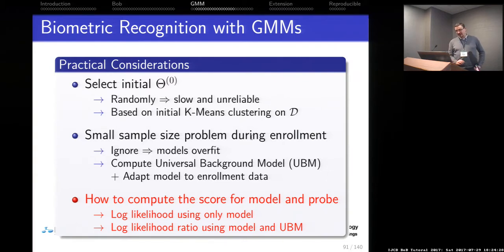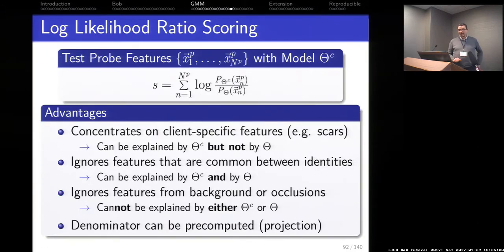And finally, to compute the score between a model and a probe, one could rely on the probability that the probe features belong to the model. But a more interesting idea is, since we have two models, the UBM and the adapted GMM, we can use both. So we compute the log likelihood ratio using the model and the UBM.